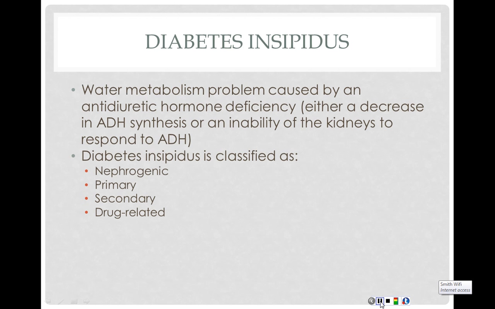And also, drugs can cause diabetes insipidus. Lithium is a drug that affects the abilities of the kidneys to respond to ADH. So again, diabetes insipidus is a disorder of the posterior pituitary gland. With this disorder, the person is losing too much water.